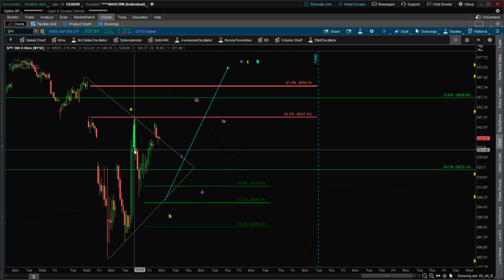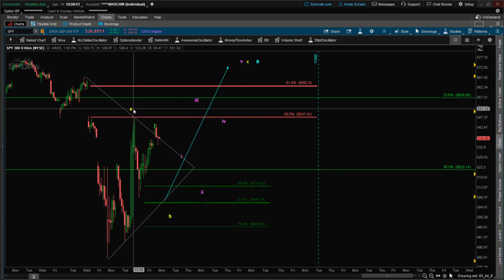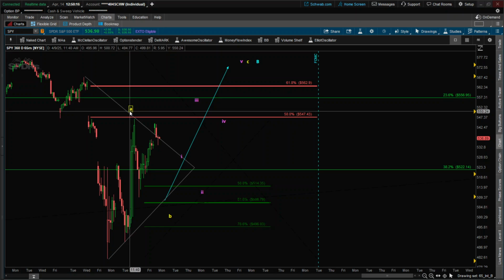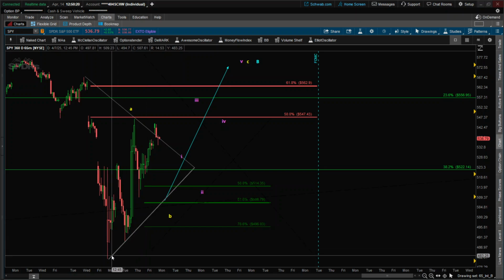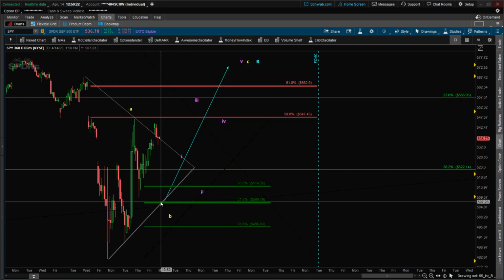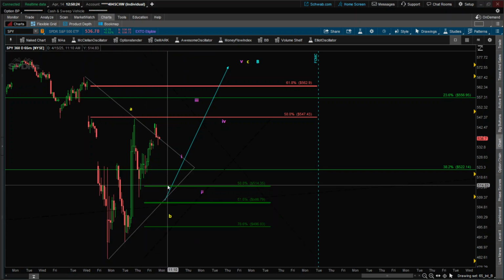If it breaks down from there, whatever. We'd have a larger degree A. If we want to go higher, then we get a higher low for a B wave, and that could take us into this pivot down to the 62% retracement or even the 50%. It doesn't matter, depending on the timing as well. So that would be our zone.